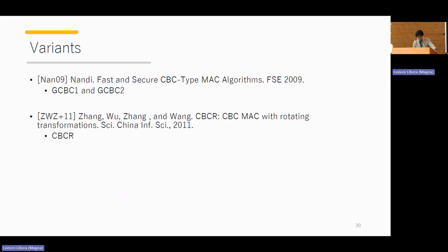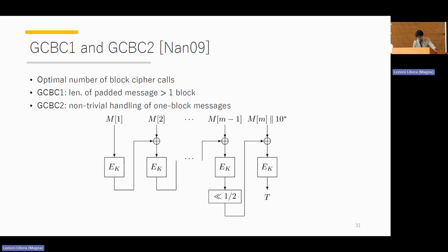There are some variants, and let's look at GCBC1, GCBC2 and CBCR. This was the design from Nandi at FSE 2009, and it was designed to obtain the optimal number of block cipher calls. So instead of using the mask here, he used the rotation here.